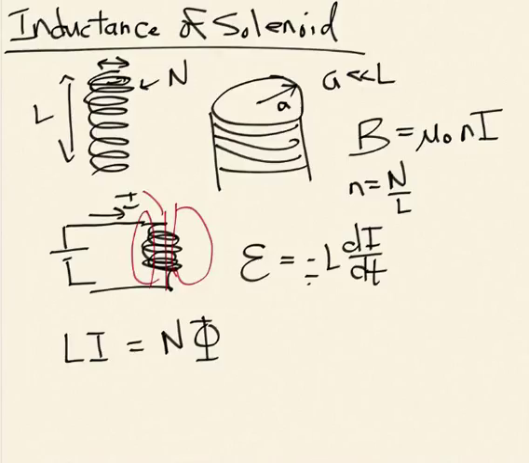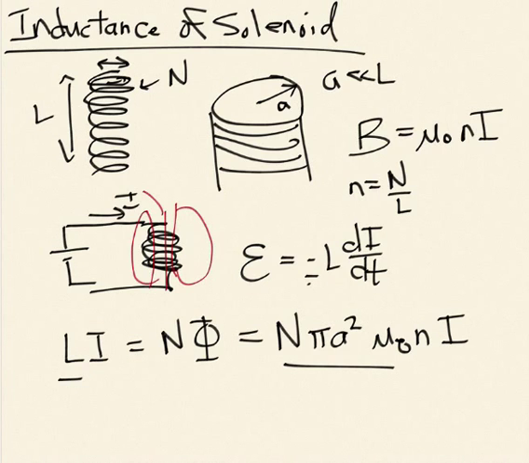Because the magnetic field is uniform in this case, the flux through one turn is just the area of one turn, pi a squared, times the magnetic field going through that surface, which is mu naught n times I. So we can now figure out what L is from this.